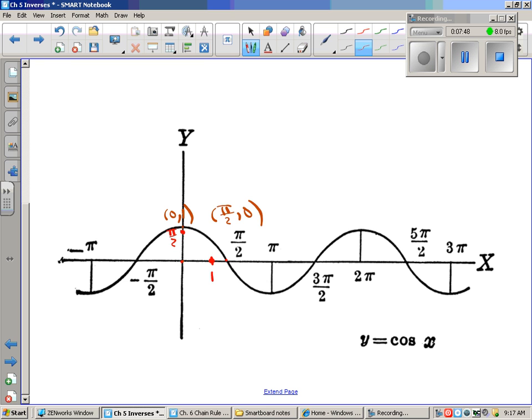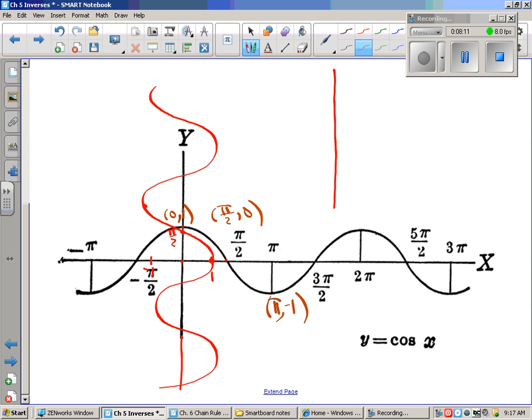And then instead of being pi, -1, it's going to be -1, pi. And honestly, once you get that into motion and start to see what it's doing, you can pretty easily draw that cosine curve. So your inverse cosine curve starts at 1 and then goes up and down throughout.